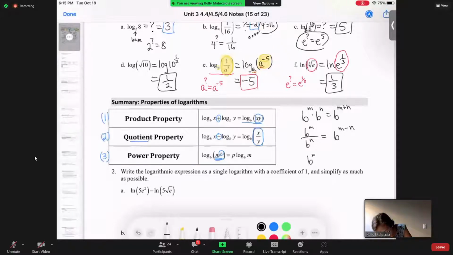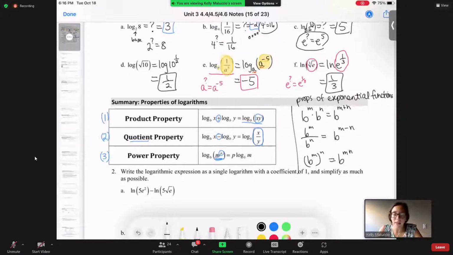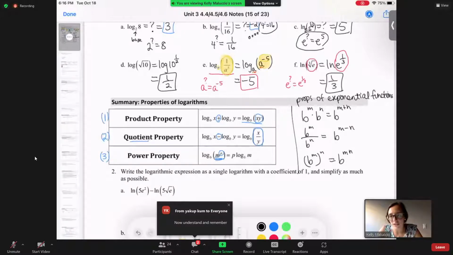And then if I have b to the m all raised to the n power, it's the same thing as b to the m n. So these are very similar. I mean, not exactly the same, right? But these are the properties of exponential functions, and they have similar qualities.